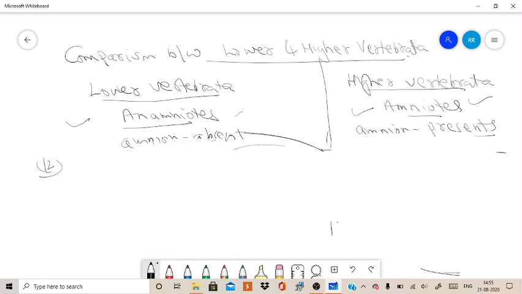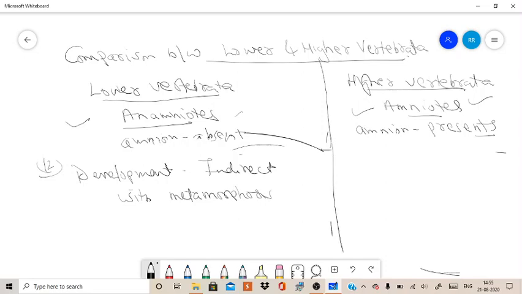Next, the 12th point is that development is indirect with metamorphosis, whereas in amniotes development is direct without metamorphosis.